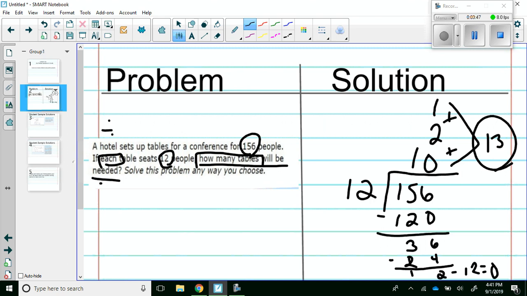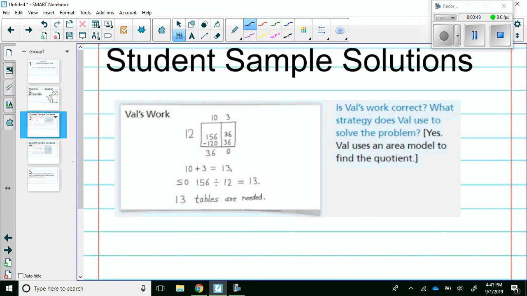Let's see how other people solve. This is Val's work. Is she correct? What strategy does Val use to solve the problem? It looks like Val uses the area model. As you can see, she starts with 156. She takes 12 times 10 to get an answer of 120, to have 36 left over, and then she knows that 12 can go into 36 3 times.